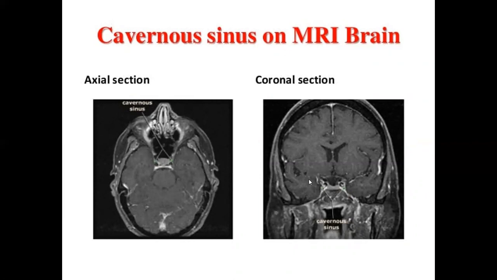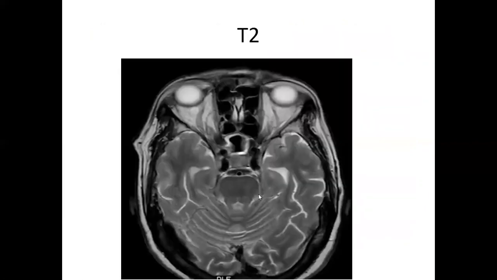But you will not be able to see properly the cavernous sinus involvement in the pituitary gland, so you have to take a T2 weighted image. You can see the clear area, and if there is some pituitary enlargement, you can see the enhancement, and on the right side it is a cavernous sinus thrombosis.